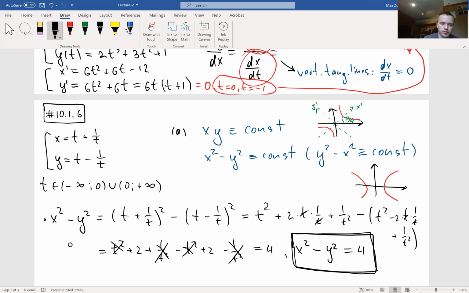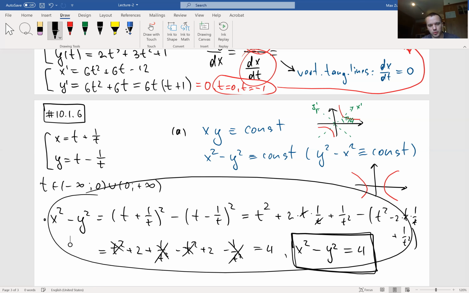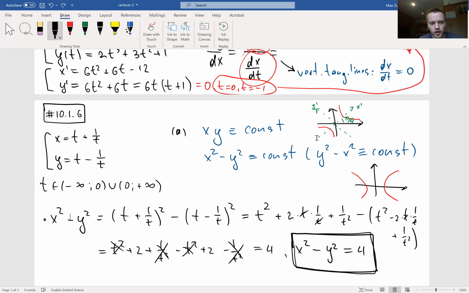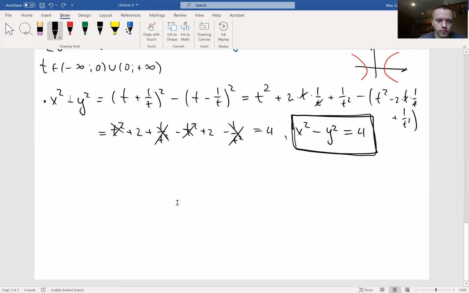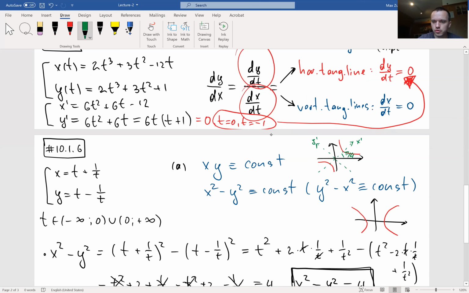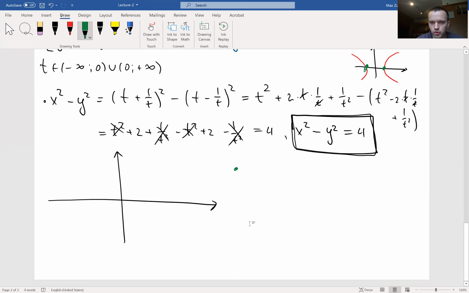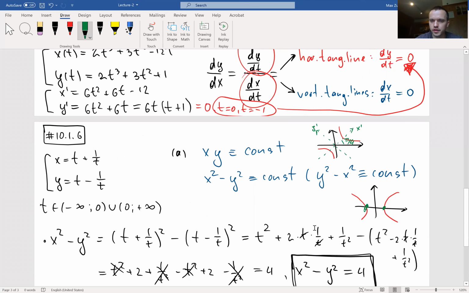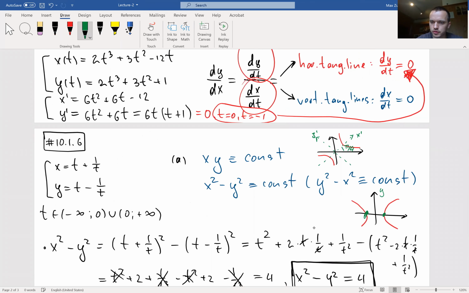So in other words, here we use the second approach from the first lecture when we eliminated the parameter to find the shape of our graph. So in this case, let's sketch it. To know the hyperbola from this picture over here, I need to know what is my x intersection, yes? So you can see that to find this intersection points over here, your y component is going to be 0.